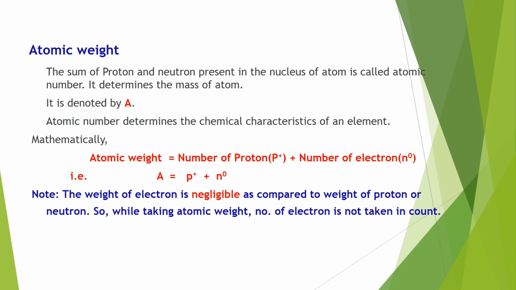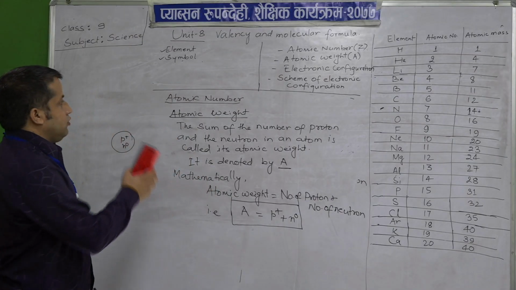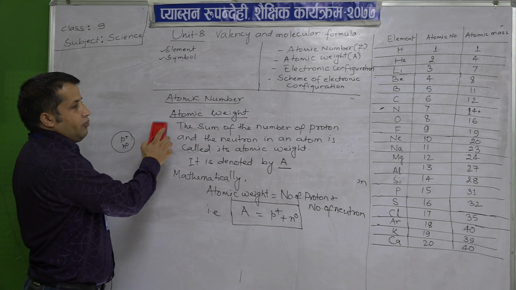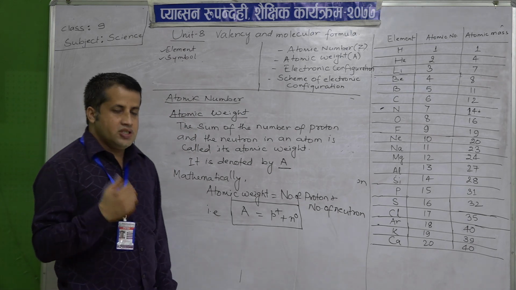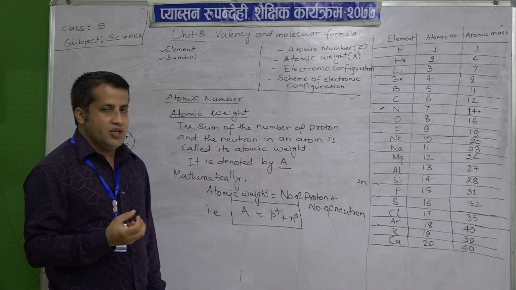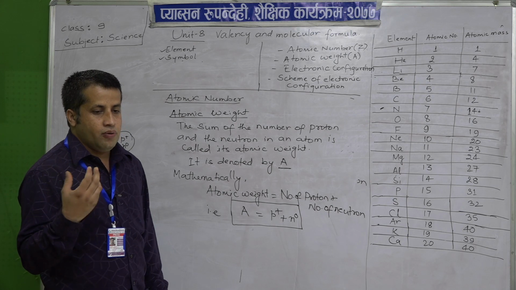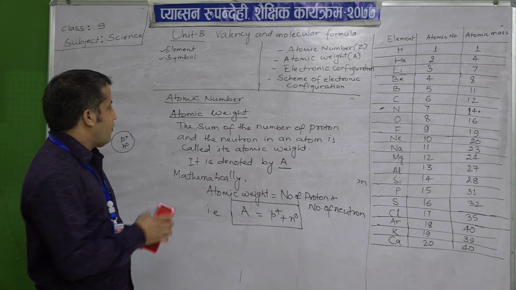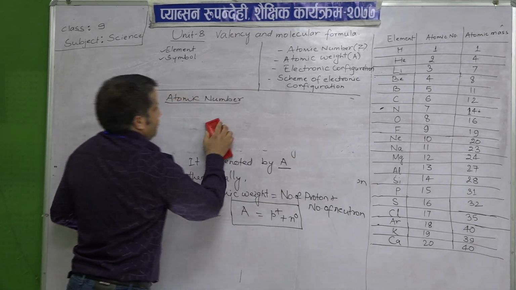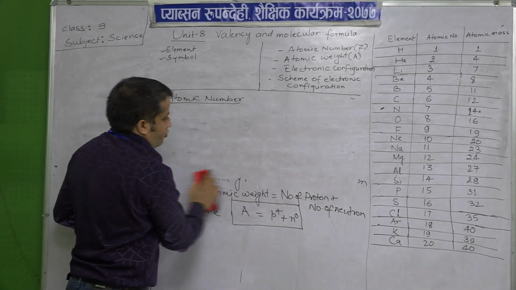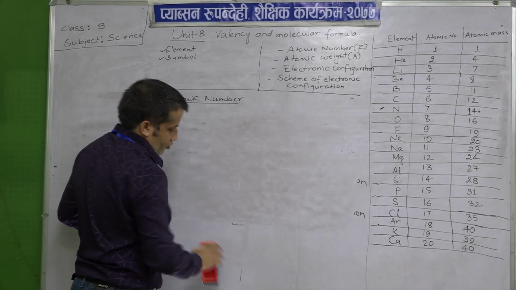Now focus on the board. So, till now we have covered atomic number and atomic weight. These are very important for our study in chemistry. These are the basic things by which we will learn further and understand chemistry more properly. So, now, in an atom we have already said there is the presence of proton, neutron and electron.